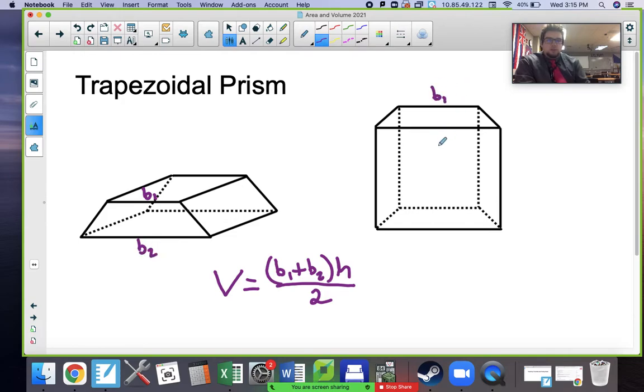So here's base 1, base 2, times the height, little height, and then we multiply by how far away are the two bases. How far away is the top and the bottom of our trapezoid?